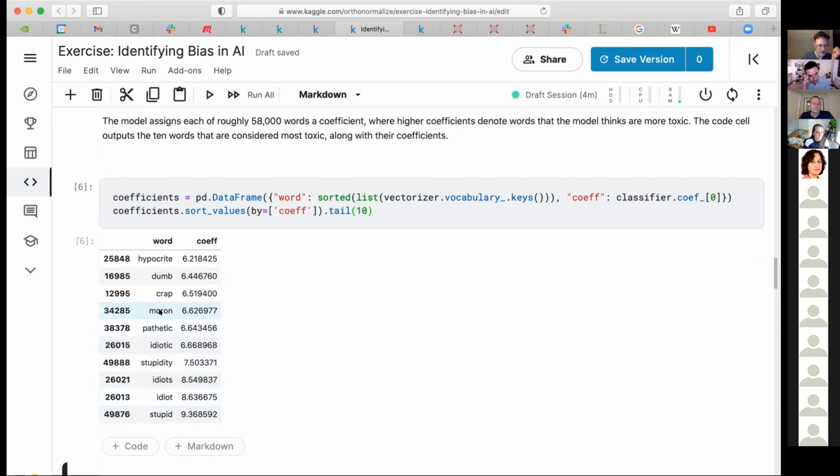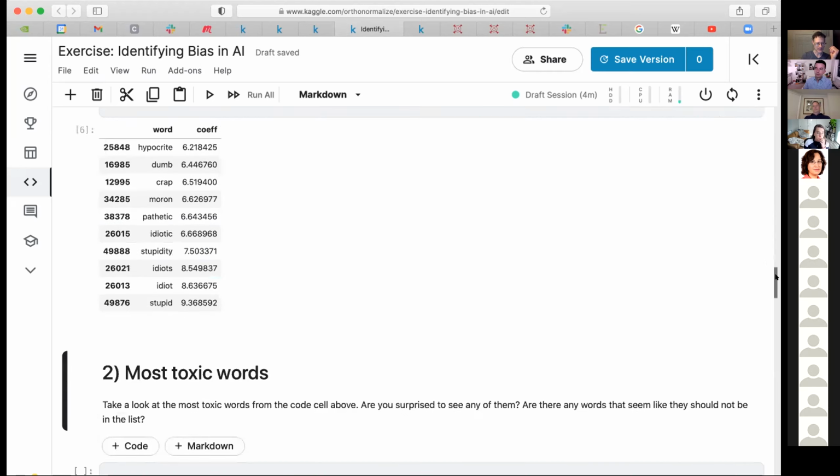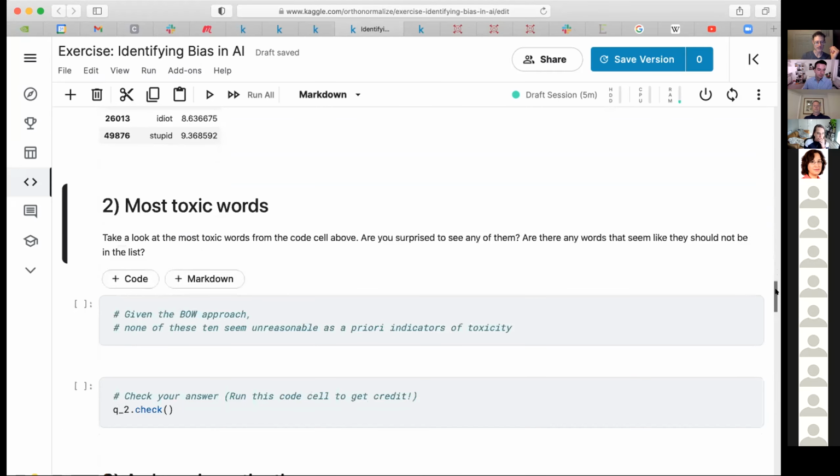But it's not difficult to imagine that the use of any one of these words is a reasonable indicator that a comment is more likely to be toxic than if it doesn't include one of these words. And I believe that's the first or second question they ask. Given the nature of the approach, bag of words, none of these 10 words seem unreasonable as indicators of toxicity.